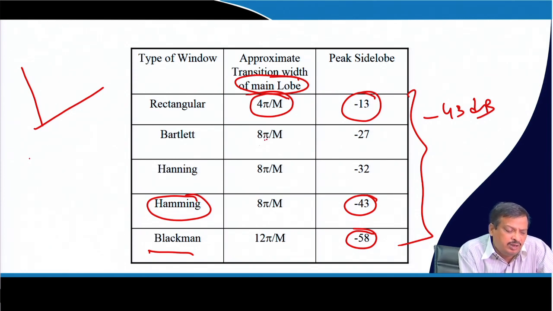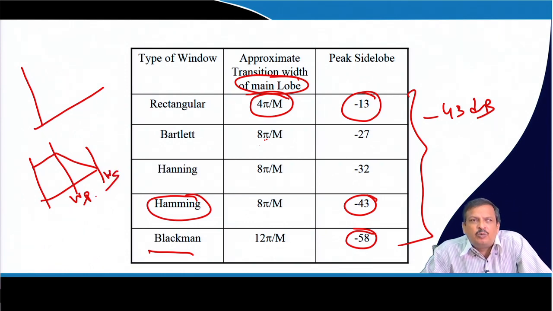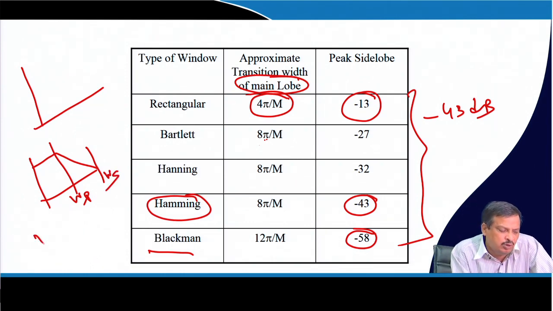What is the transition bandwidth? When you design the filter, the distance between the stop band edge frequency and the pass band frequency, omega s minus omega p, is my transition bandwidth.